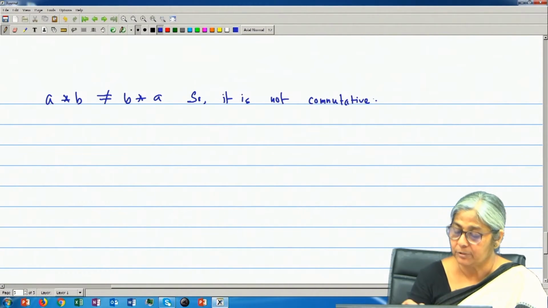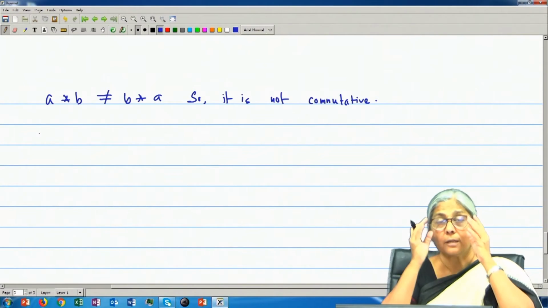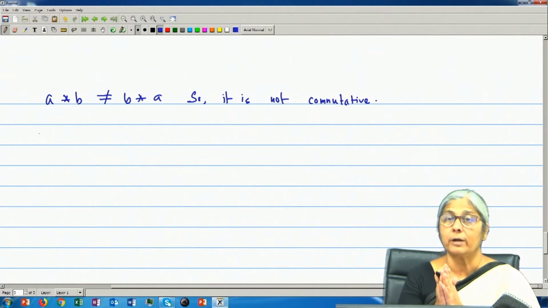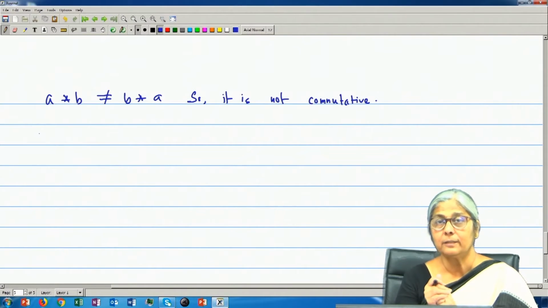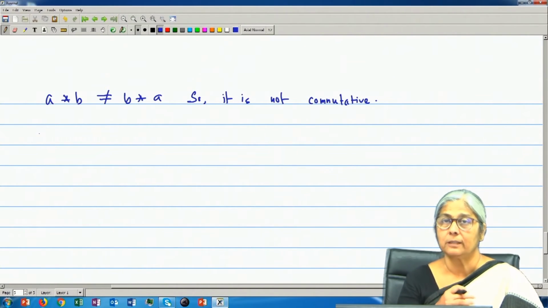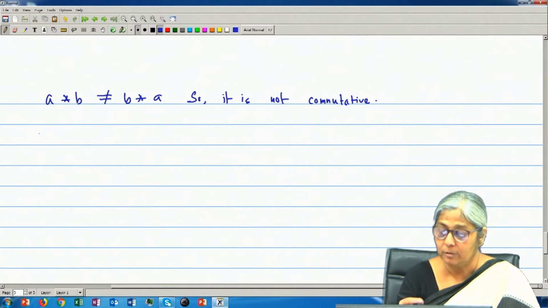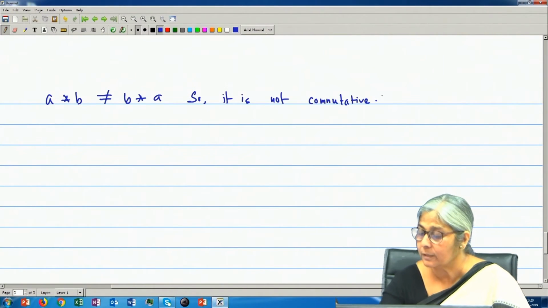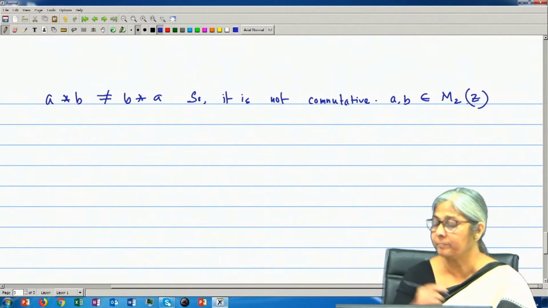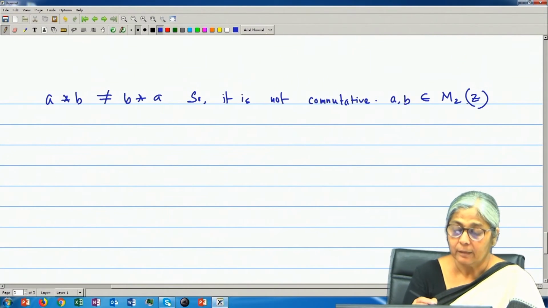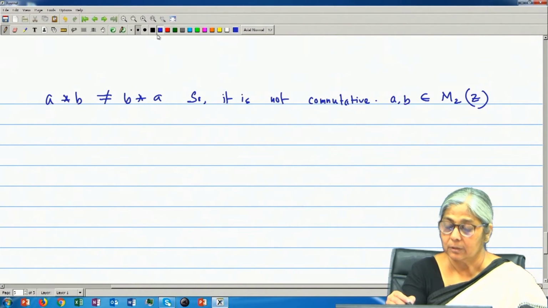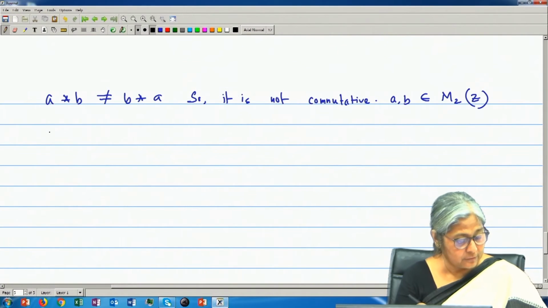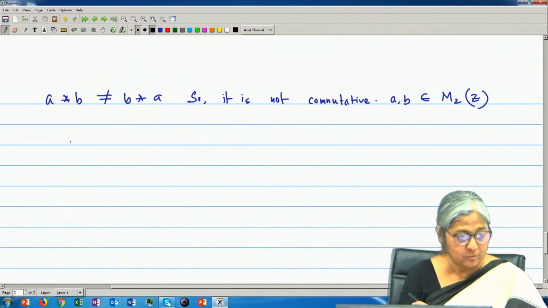That means if we want a commutative ring, then in addition we have to make sure this property holds. So, here A and B belong to M of Z. So, if I add this, then the ring also holds.